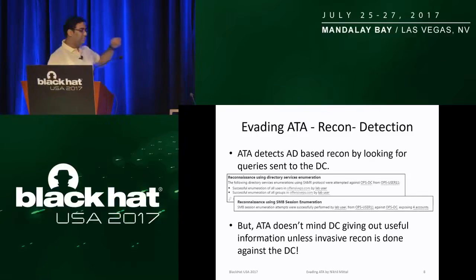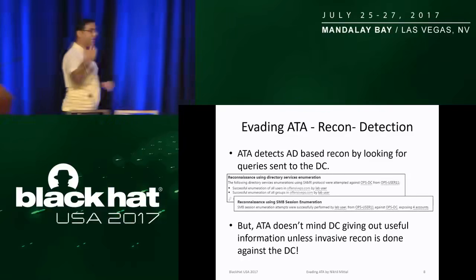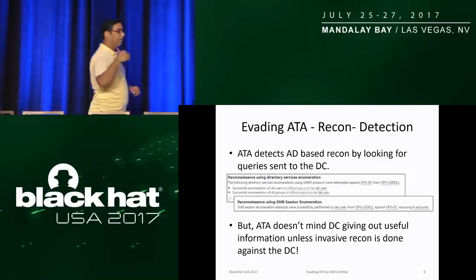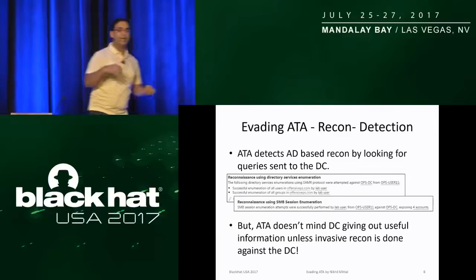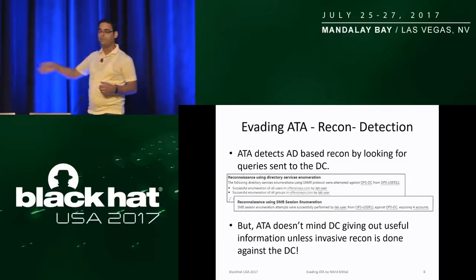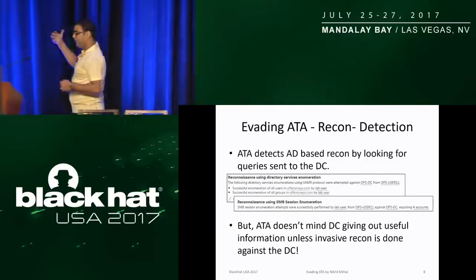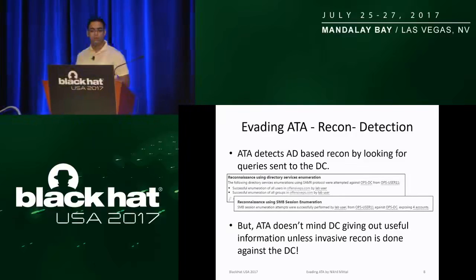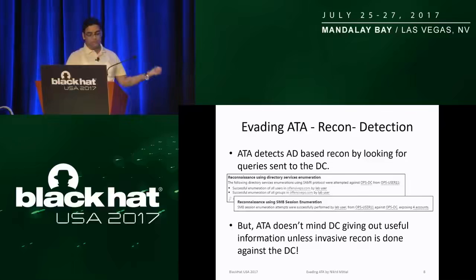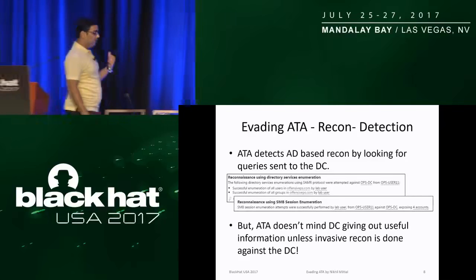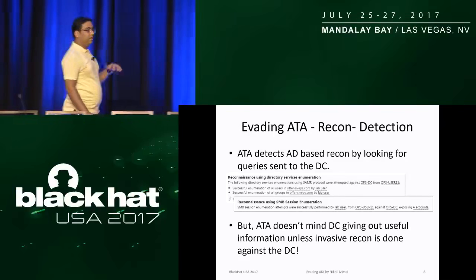So this is an example. If you run any tool like NetView or PowerView or even the simple net commands, let's say you run net group domain admins /domain, this is something which your ATA console will show you: recon using directory services enumeration or recon using SMB session enumeration with a medium severity, which is fine.